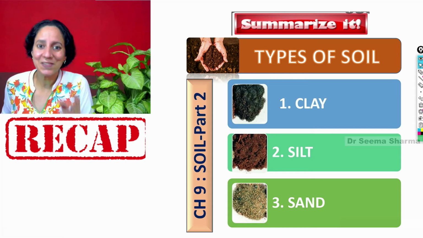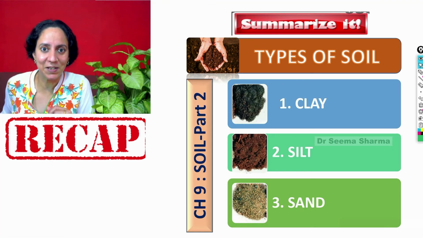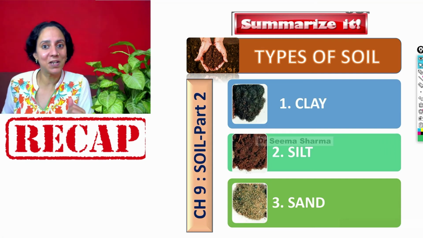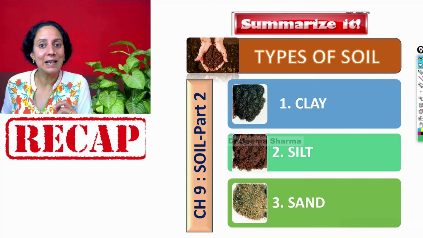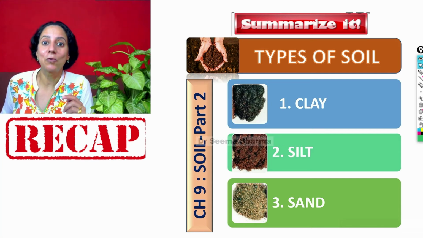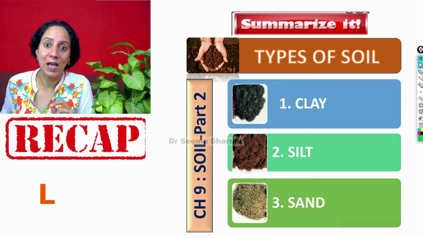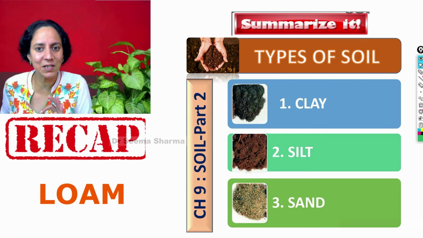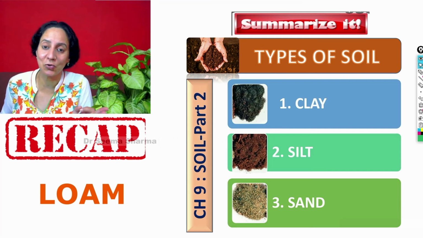In addition to this, two experimental activities enabled us to know more about these three types of soils. And lastly, you learnt about one term, loam, L-O-A-M, which contains the perfect balance of these three types of soils in addition to humus for growing our plants.